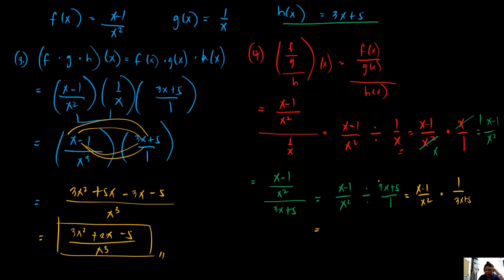We will get x minus 1 times x, since wala silang common factor sa diagonal nila, class, no? So, diretsuhin na natin. So, x minus 1 times 1, we will have x minus 1, x squared quantity, x squared times 3x plus 5, we will get x squared times 3x plus 5. Okay, so this is our final answer.